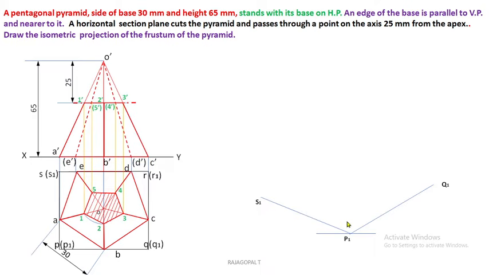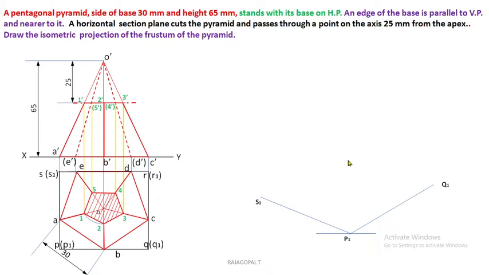Now P1, S1, Q1, three corners are joined. The remaining is R1. So for identifying R1, either we can fix S1 as center, R1 as radius, and convert into 0.82 times, draw an arc. Similarly, Q1 as center and again R1 as radius, cut an arc.